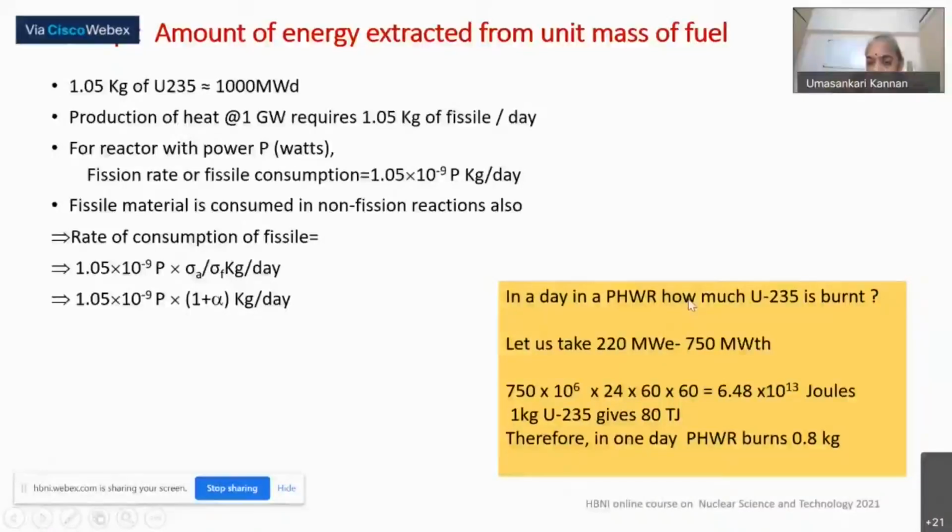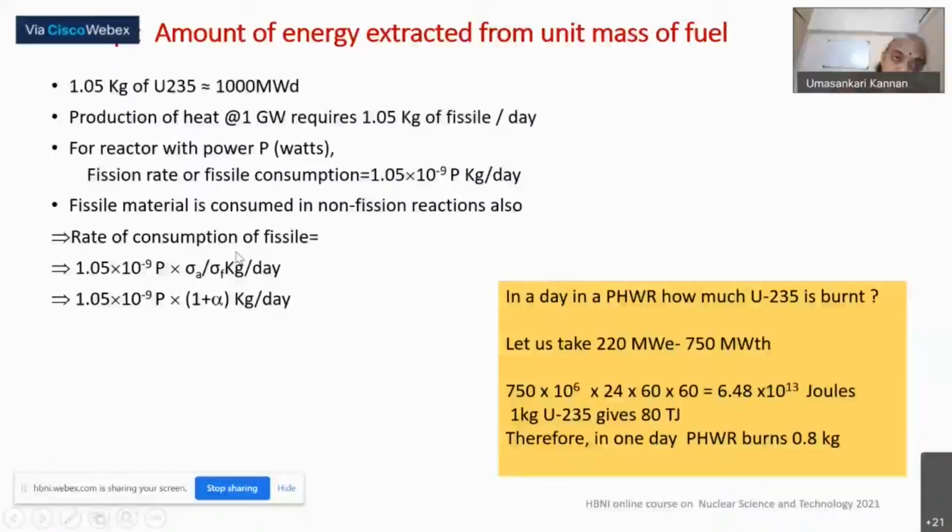In a PHWR, how much uranium-235 is burned? So let us take a 220 megawatt PHWR, which will be giving 750 megawatt thermal. By the way, all this power which we are calculating is from the fission reaction rate, so it is called fission power.